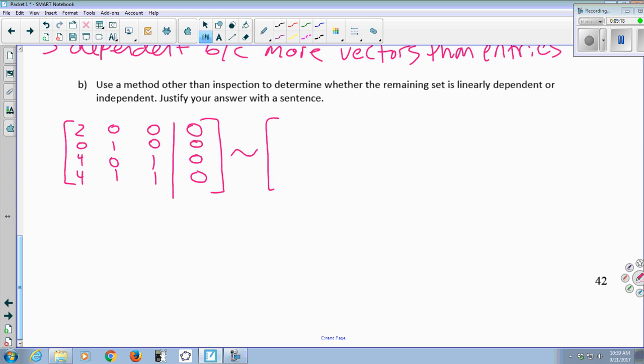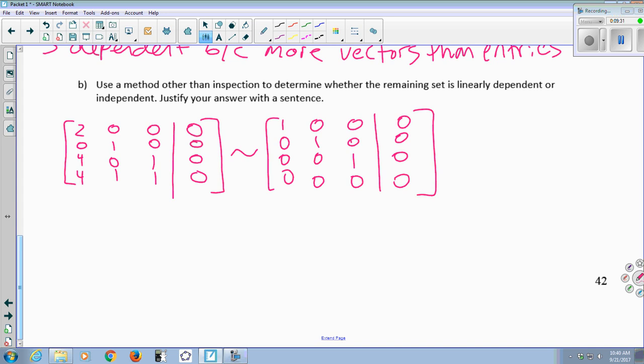So this row reduces, I did it on my calculator earlier, to 1, 0, 0, 0, 1, 0, 0, 0, 0, 1, 0, 0, 0, 0, 0. If you translate this to equations, this says x1 is 0, x2 is 0, x3 is 0.